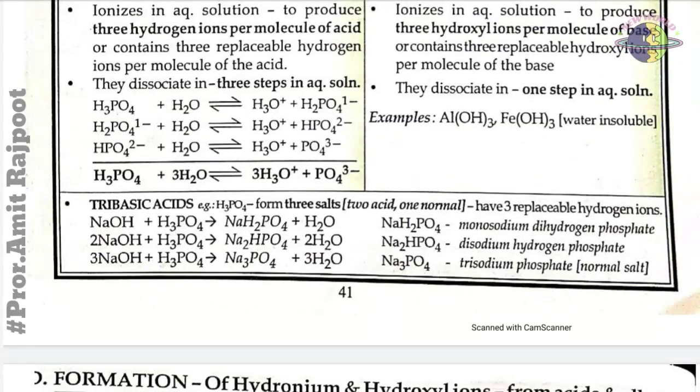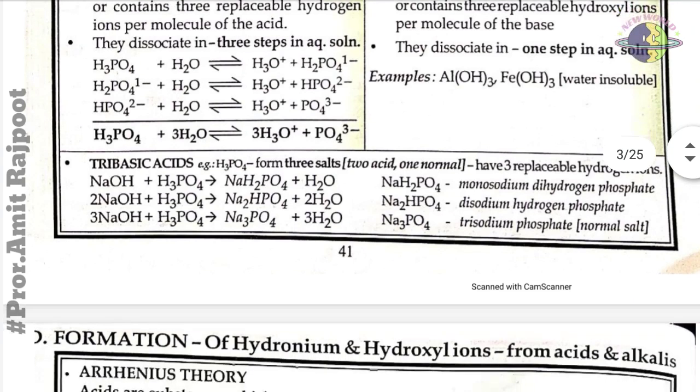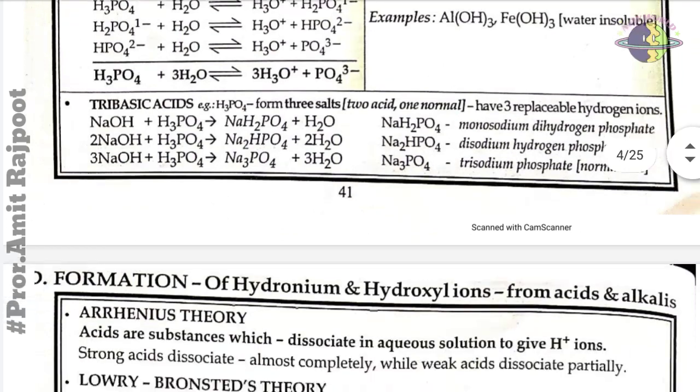Tribasic acids, for example H3PO4, form 3 salts: 2 acid, 1 normal. They have 3 replaceable hydrogen ions. The reactions are given as follows: monosodium dihydrogen phosphate, second is disodium hydrogen phosphate, then trisodium phosphate, which is a normal salt.